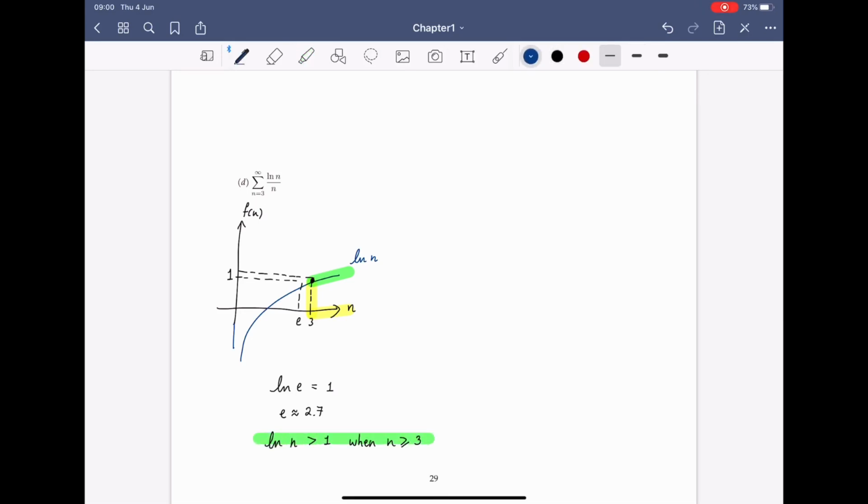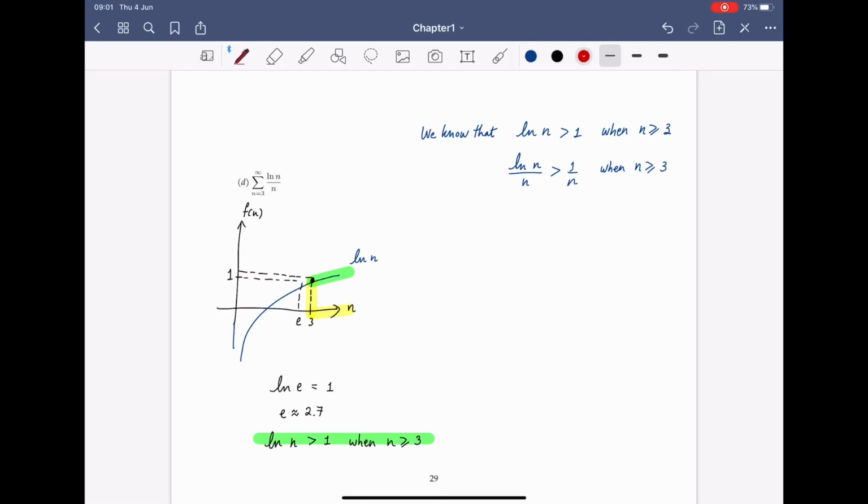So we're gonna start from there. So we know that log n is bigger than 1 when n is bigger than or equal to 3. So now we have log n over n is bigger than 1 over n, right? When n is bigger than or equal to 3, because you just divided everything by n.